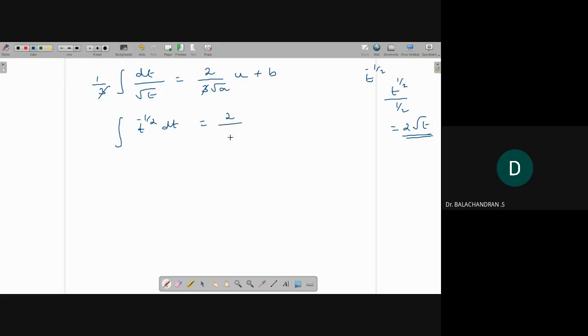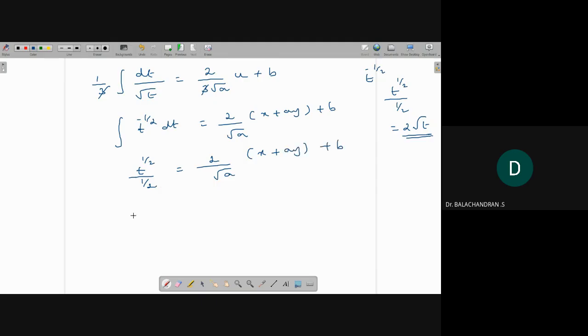2 by root a. Okay, well, u. What is u? u is x plus ay plus b. So this is t power half divided by half, which is equal to 2 by root a into x plus ay plus b.